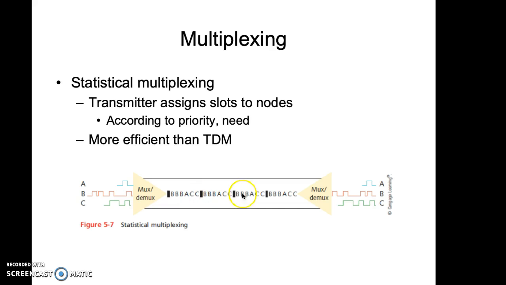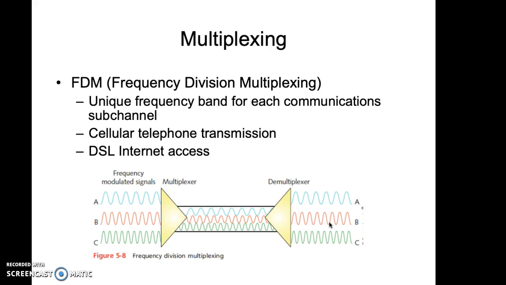Then it keeps repeating in the same way. When it's muxed like this, the signal is sent, and when it gets over here, it gets demuxed and returns back to the form that we're looking at here. All right, that's statistical.